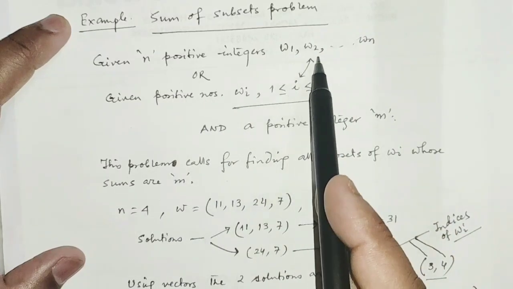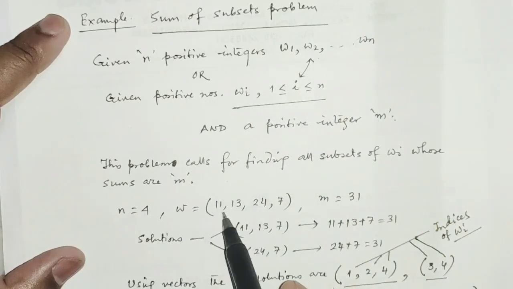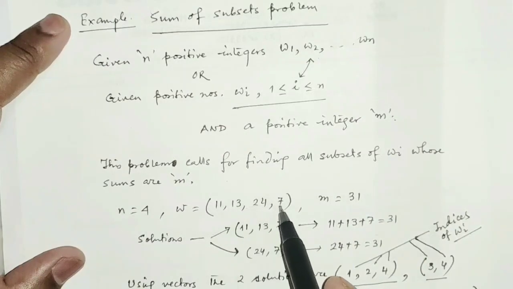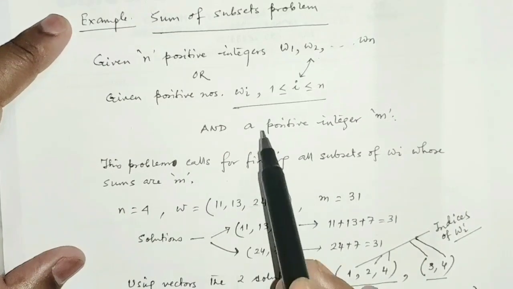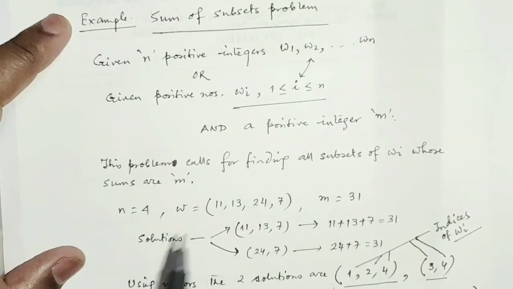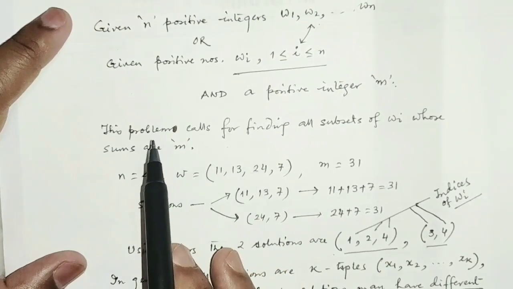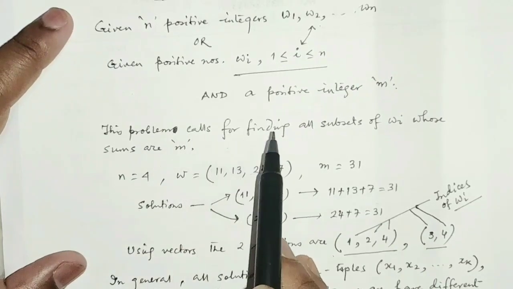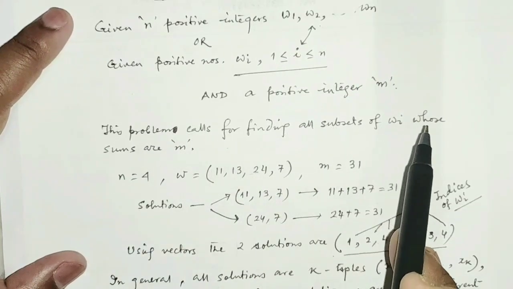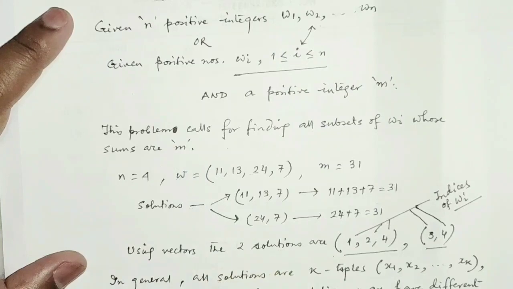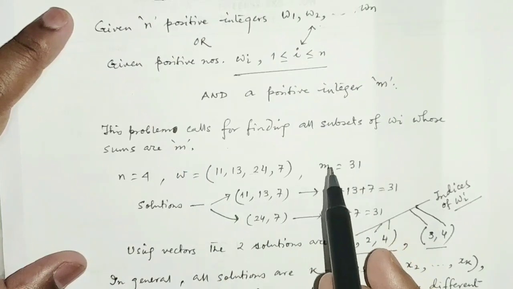So we have w1, w2, w3, w4, and they are 11, 13, 24 and 7 respectively. Along with m, suppose m is 31. The problem statement says the problem calls for finding all subsets of wi whose sums are m. That means 31 is the output.